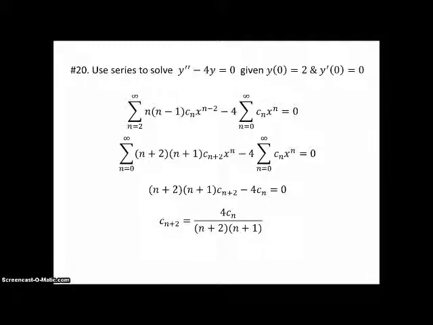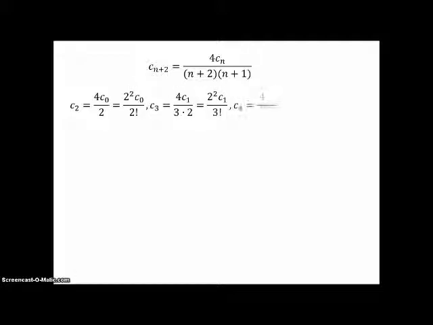Now remember, since this is a second order differential equation, we're going to have two unknowns, namely C0 and C1. So here's our formula, and we do some computations now. C2 in terms of C0, C3 will be in terms of C1, C4 will be at first in terms of C2, and then substituting for C2 the expression in terms of C0, we get C4 in terms of C0.